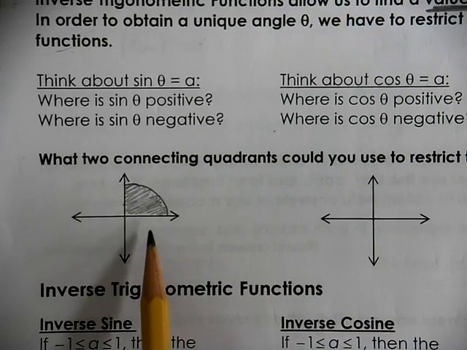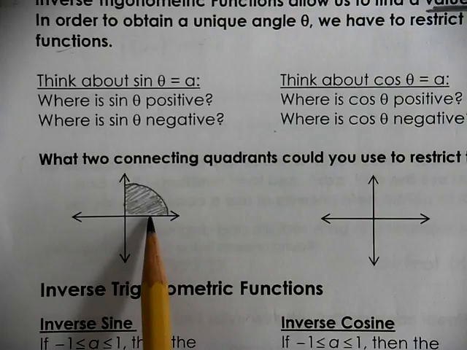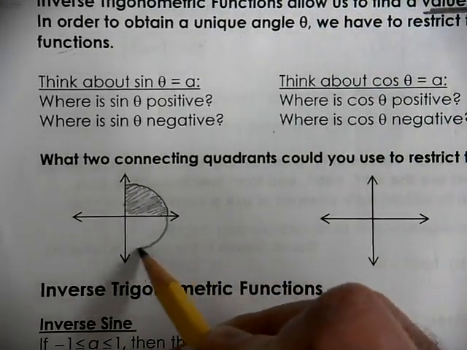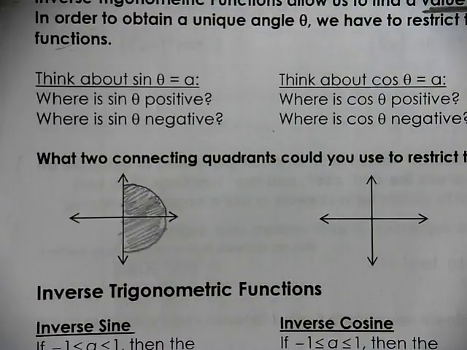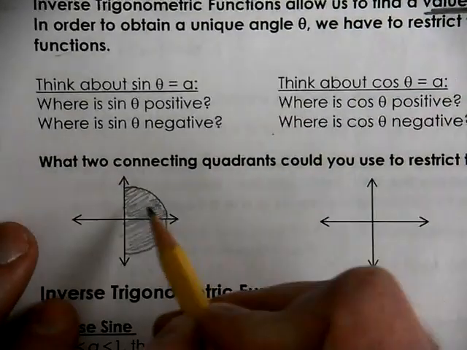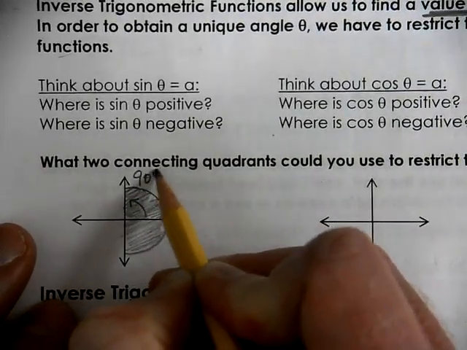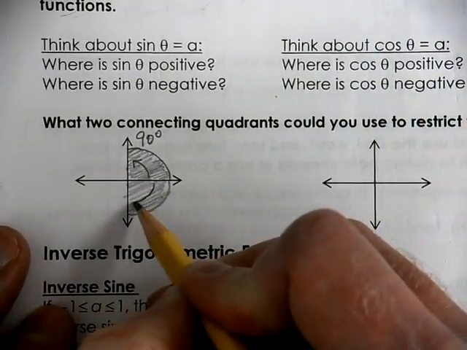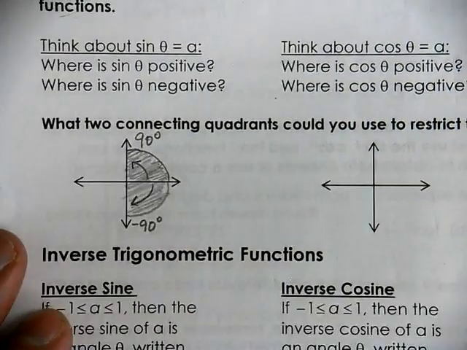Now, below the x-axis, sine is negative because sine is a y value. So below the x-axis is negative y's. So when we are doing our calculations, we are only going to get answers in these two quadrants. We're going to get values up to and including 90 degrees, and we're going to get values down to negative 90 degrees.